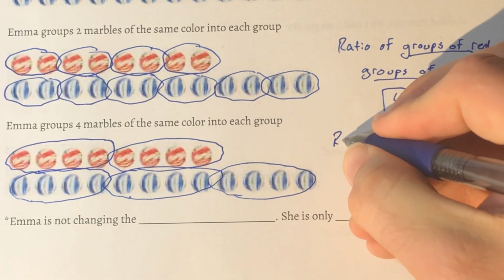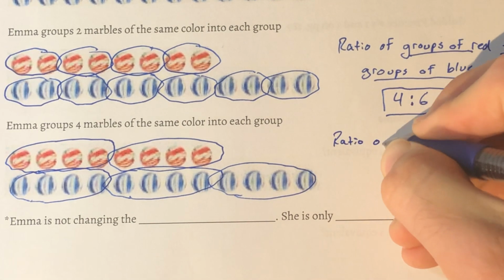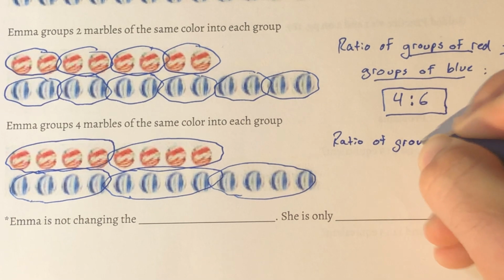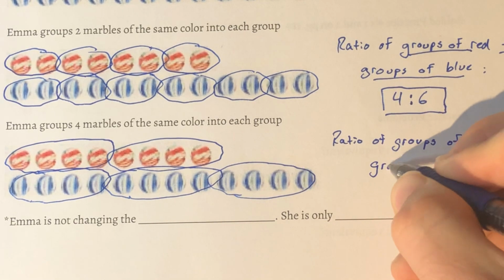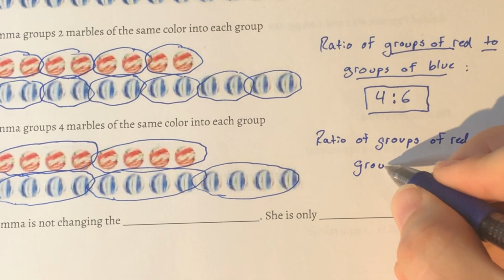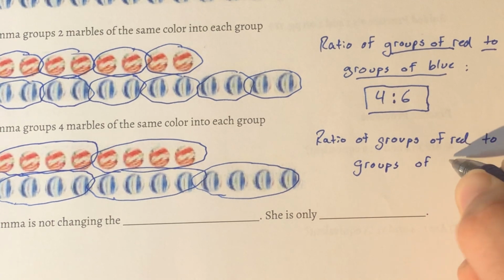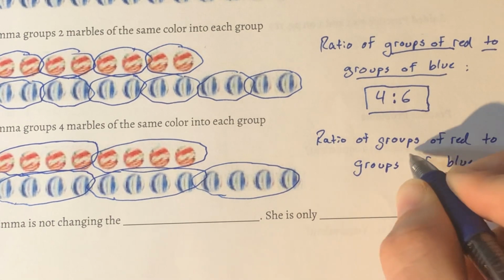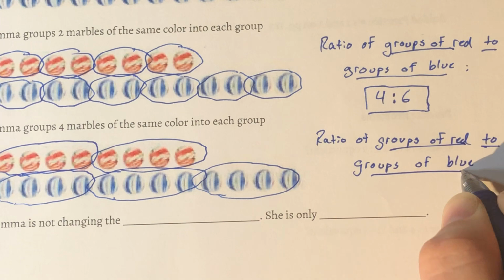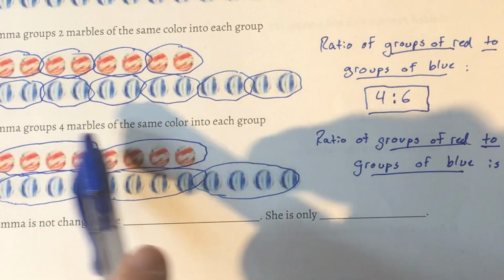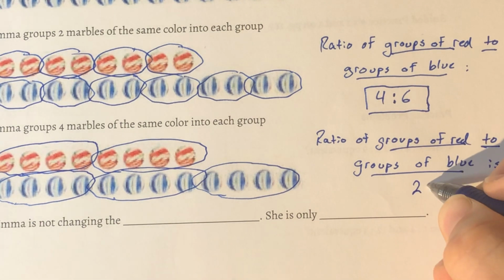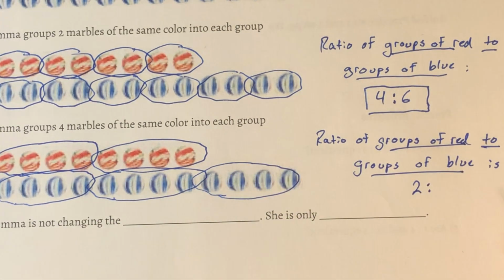So the ratio of groups of red to groups of blue is, let's see, 1, 2, 1, 2, 3. So 2 to 3.